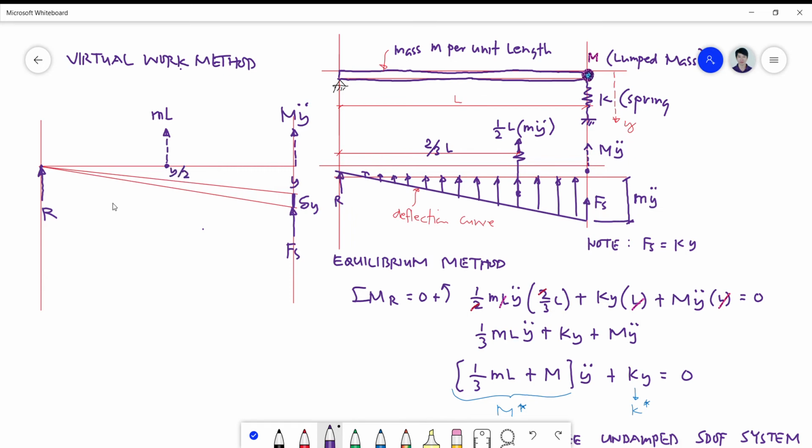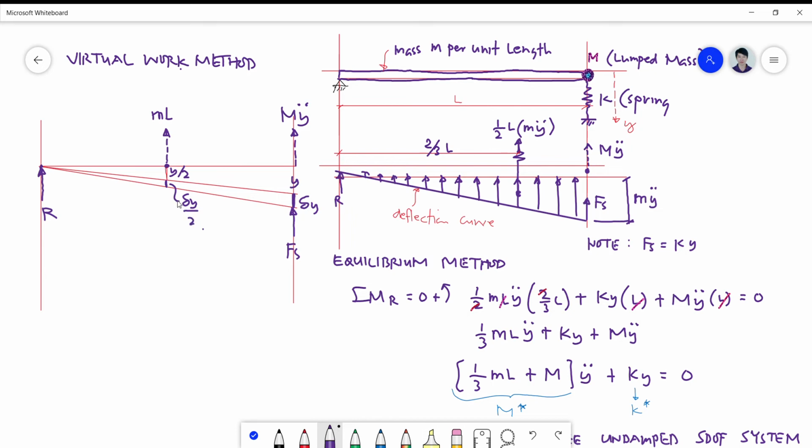Okay, so since the distance from here to the center is 1/2, your displacement here is 1/2 of the displacement at the end. And so it is true with your virtual displacement here. So this becomes delta y over 2.